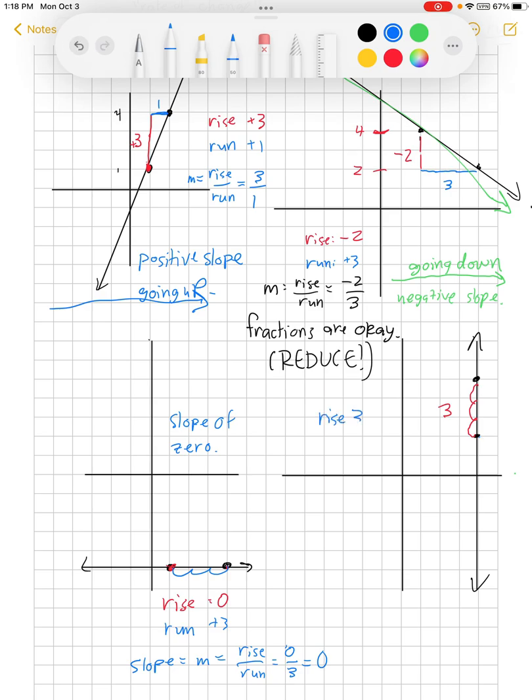So we rise 3, we run 0, giving us a slope of 3 over 0. However, you can't do that. That kills puppies. You cannot divide by 0. I hope you remember that from like the first day of school. So therefore, this is what we would call an undefined slope.